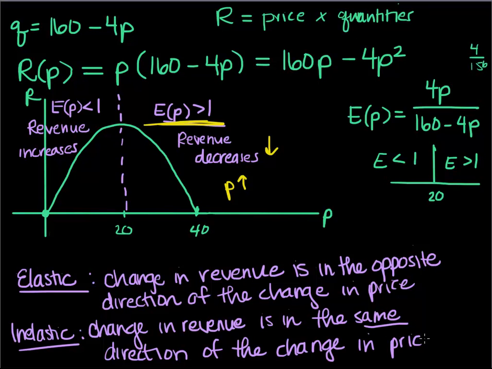So let's look at that. Notice my revenue is increasing, so R is increasing here as P is increasing, so they go the same way. If I have an inelastic system and I increase my price, my revenue will increase. If I decrease my price, my revenue will decrease. And these are for small changes in price. Okay, so let's look at an example.